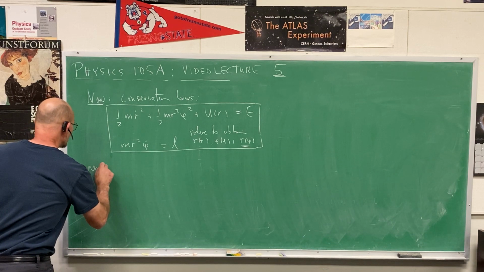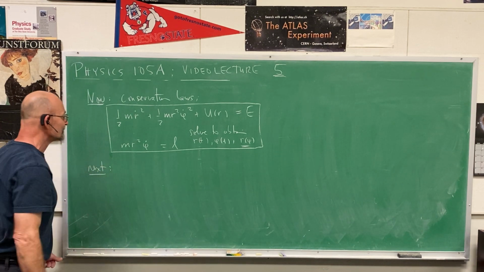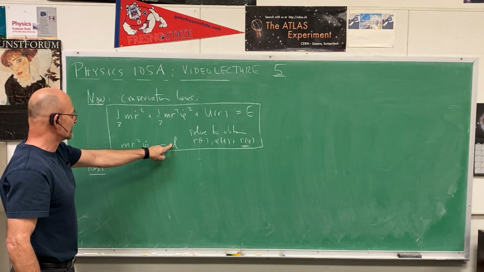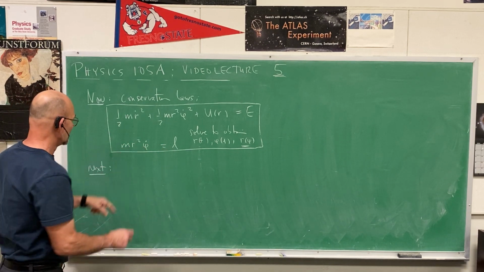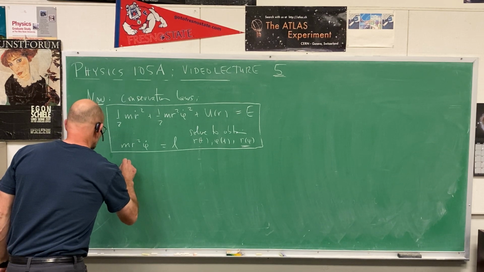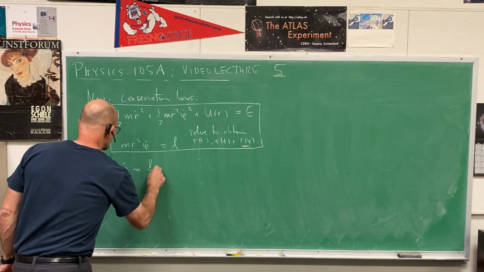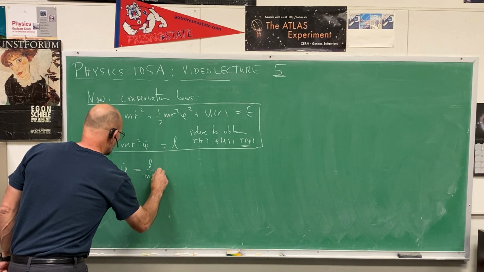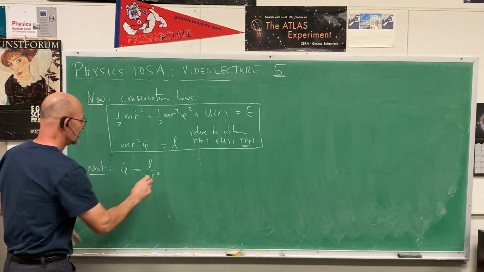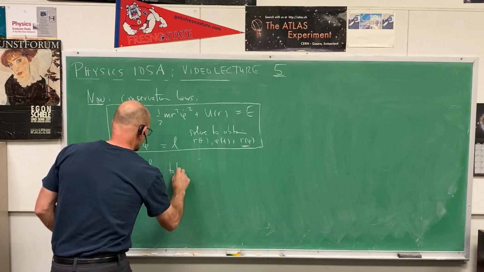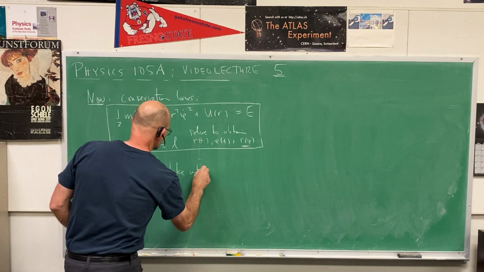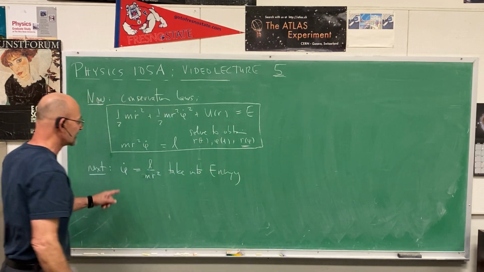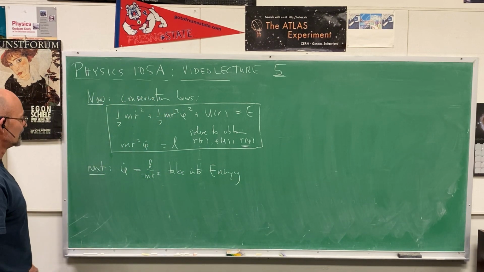is with this next step, that we take the angular momentum, which is proportional to phi dot, so we'll solve for phi dot, L over m r squared, and take that into the energy expression and see what happens.